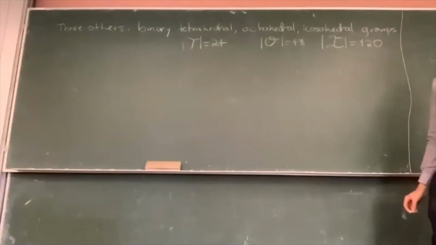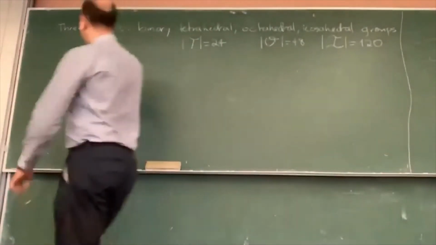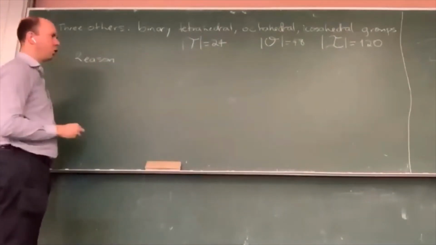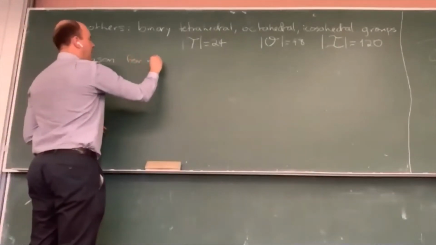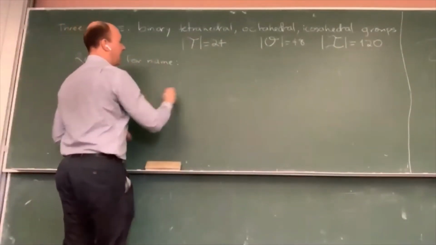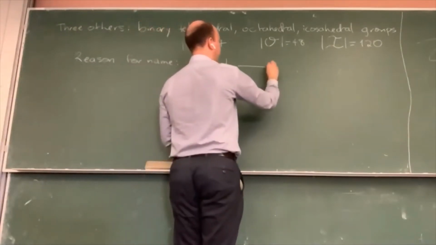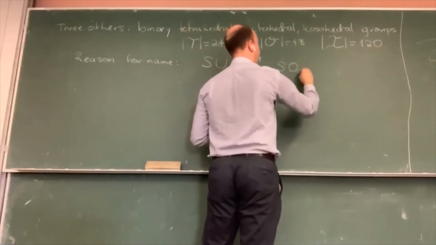There are some nice finite subgroups of SL2. The reason for the names is that these are related to the rotation groups of these platonic solids under the 2-to-1 covering map from SU2 to SO3.